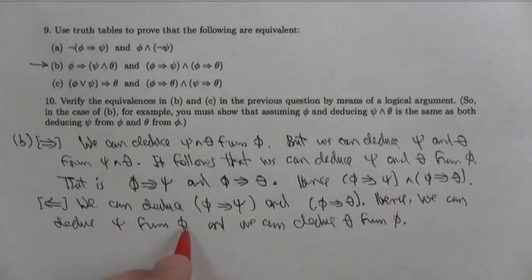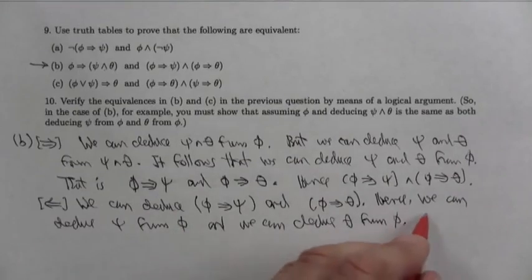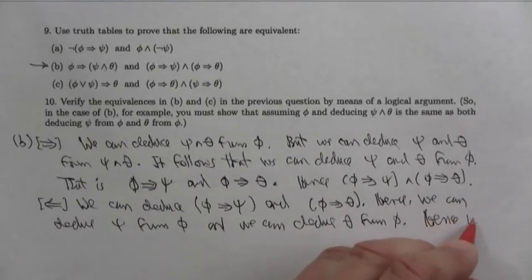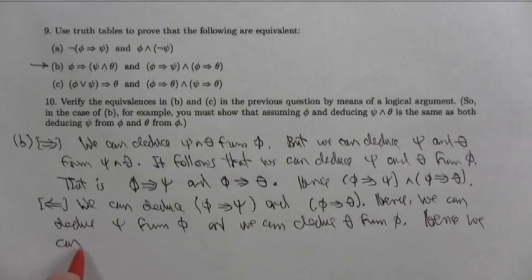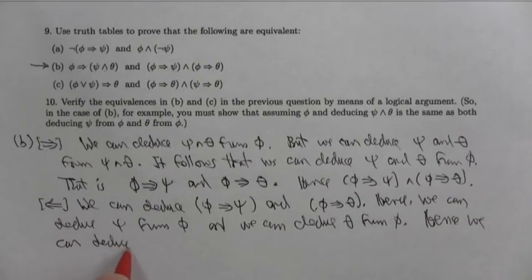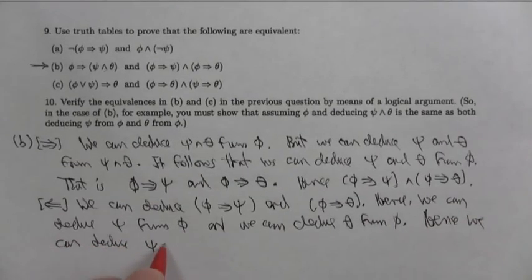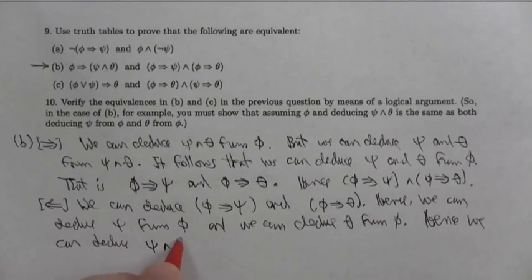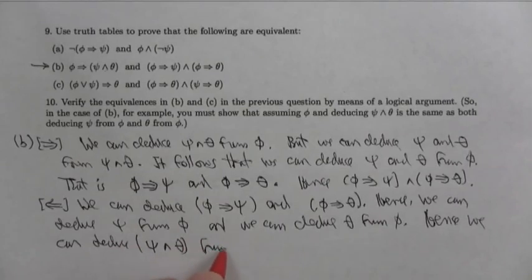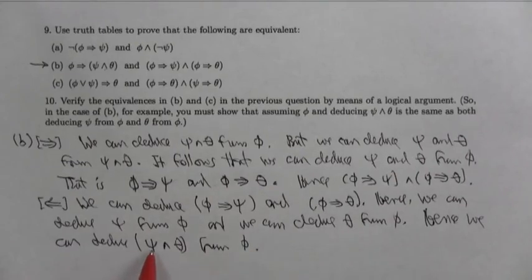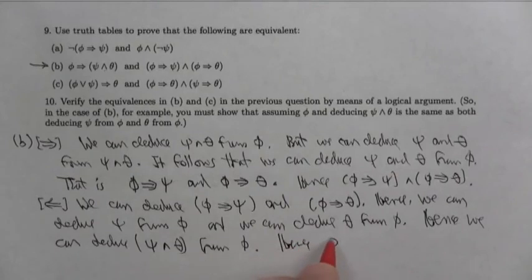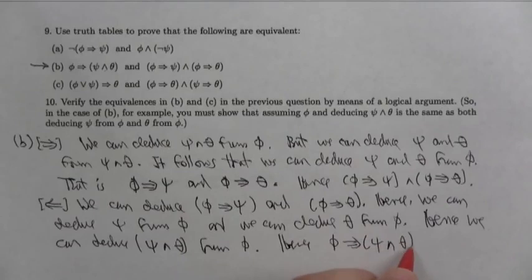Well, if we can deduce psi from phi and we can deduce theta from phi, it means we can deduce psi and theta from phi. And if we can deduce psi and theta from phi, that means we've got phi yields psi and theta.